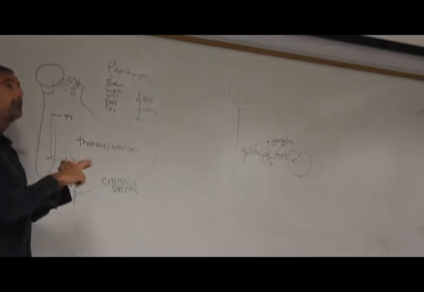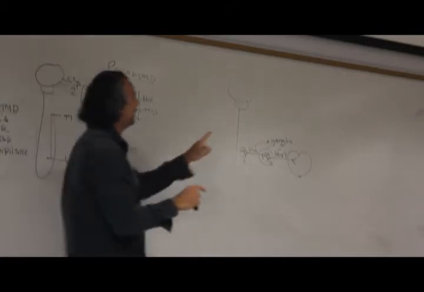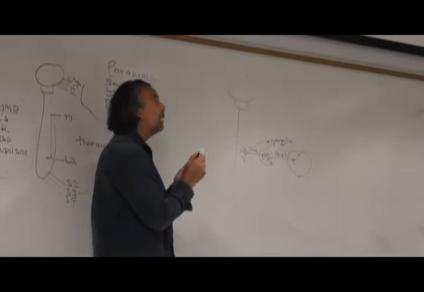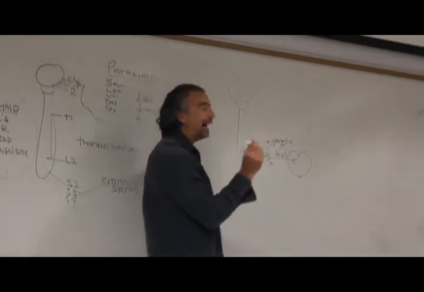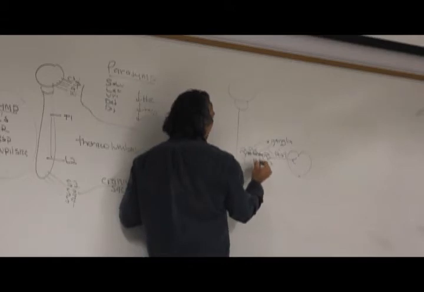So you should know pre-ganglionic, these are my motor neurons now, right? So pre-ganglionic motor neurons. Are they myelinated or unmyelinated? Myelinated, right? They're always myelinated. So my pre-ganglionic, always myelinated. So down here, yep, they have myelin.